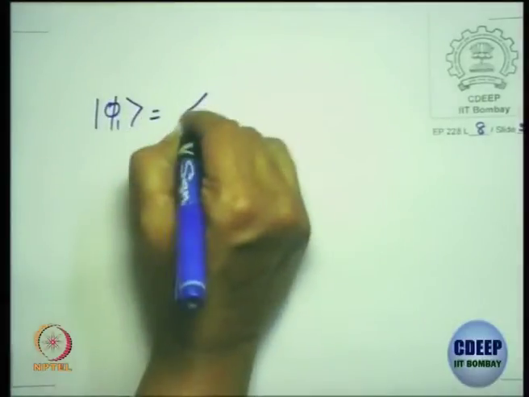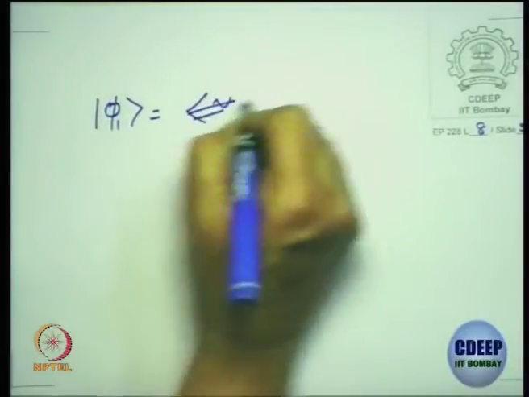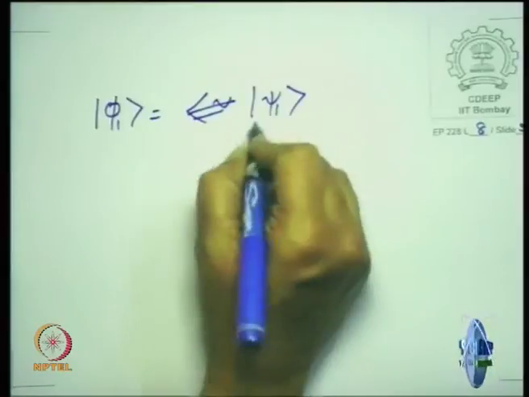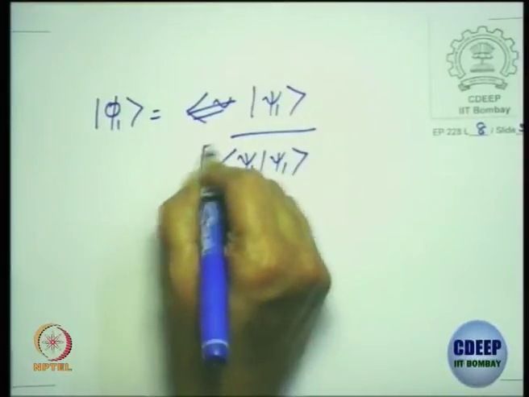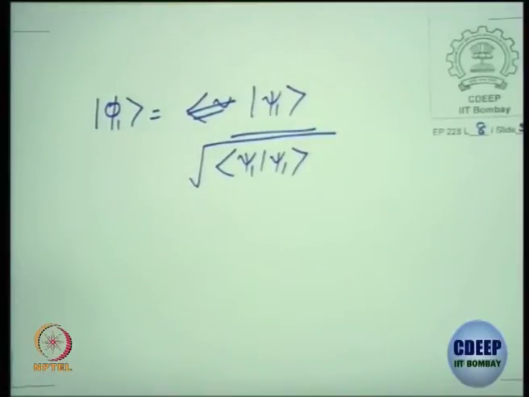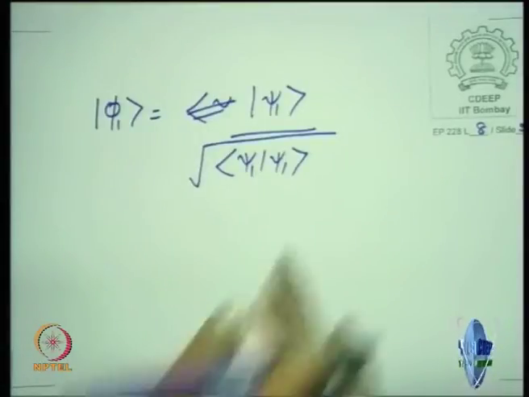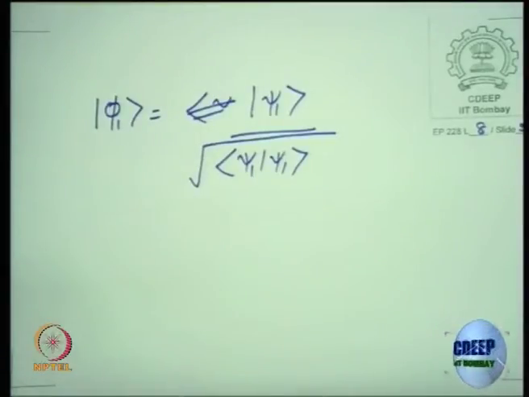So, we defined phi 1 to be psi 1, but this may not be normalized, you have to normalize it. So, we are doing the Gram-Schmidt orthogonalization. Take one of the two states, just normalize and call it the first basis vector.